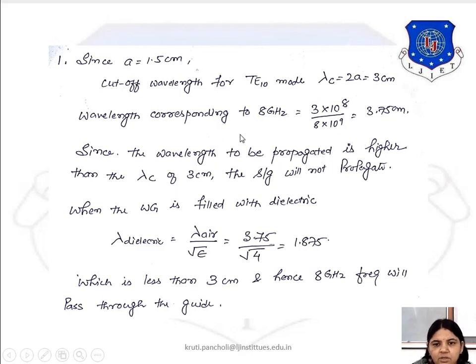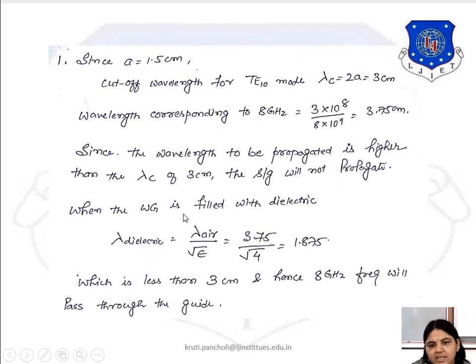The wavelength corresponding to 8 gigahertz is 3 into 10 raised to 8 upon 8 into 10 raised to 9, which is equal to 3.75 centimeter. Since the wavelength to be propagated is higher than lambda c, the signal will not propagate.